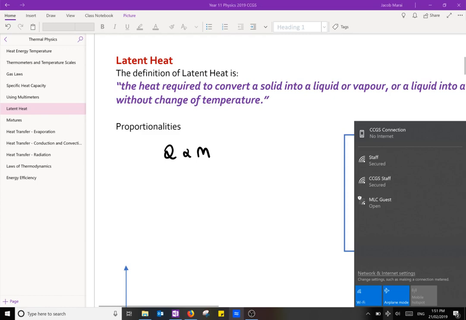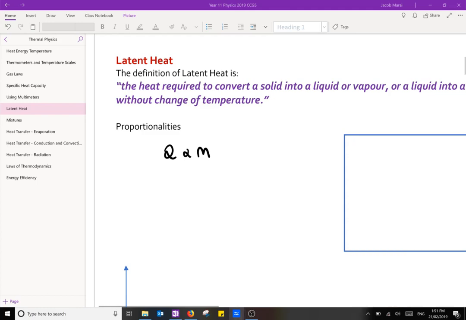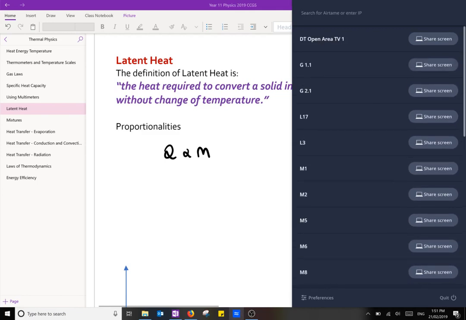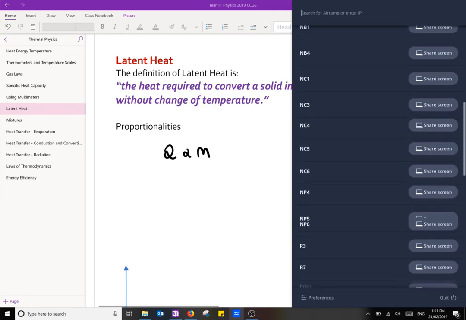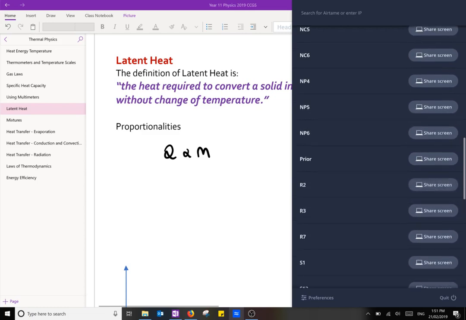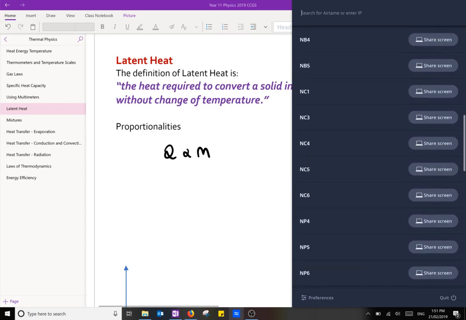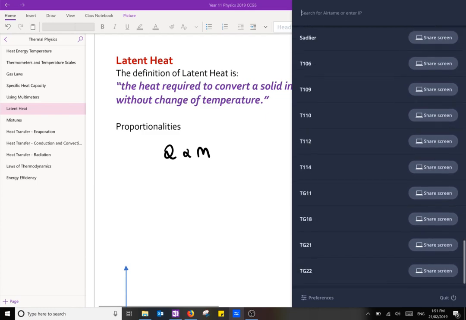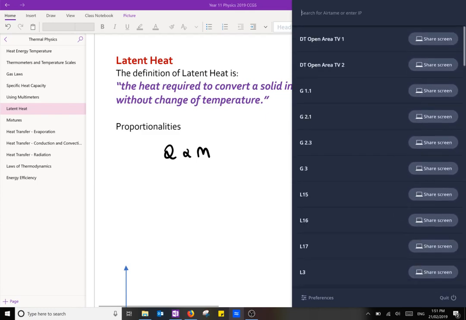So do it old fashioned. Alright, now I'm in tablet mode, so I can't even use my keyboard.